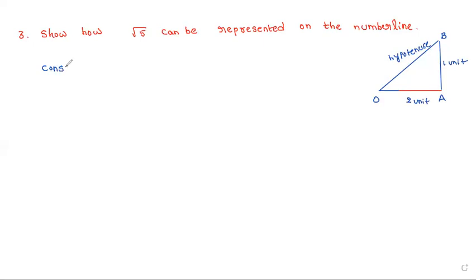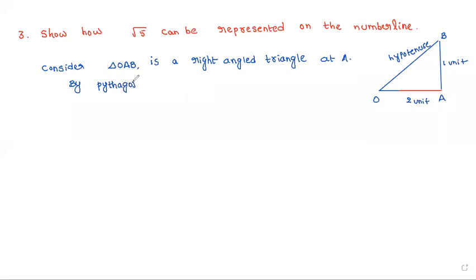Consider triangle OAB, a right angled triangle at A. By Pythagoras theorem, square of hypotenuse equals sum of squares of the other two sides.